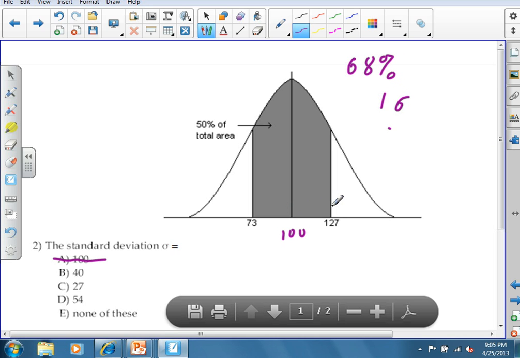So this is less than a standard deviation, that 27 is. So the standard deviation has to be greater than 27. All right, well, if it's greater than 27, and it's not 2 standard deviations, so it's got to be, well, I don't know. Let me rethink this.